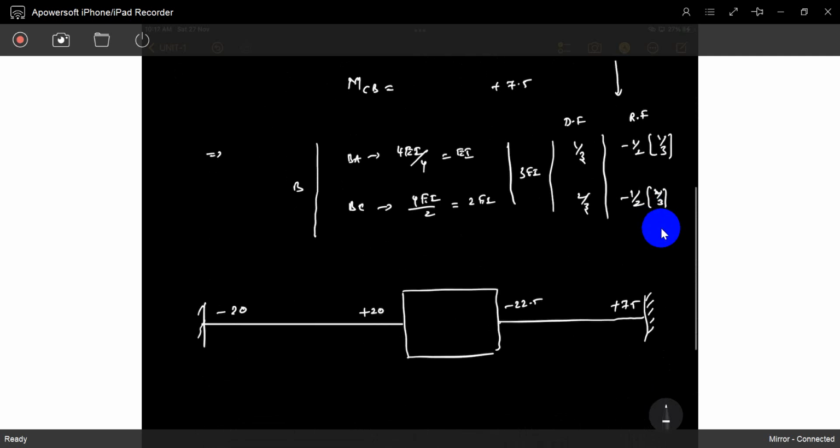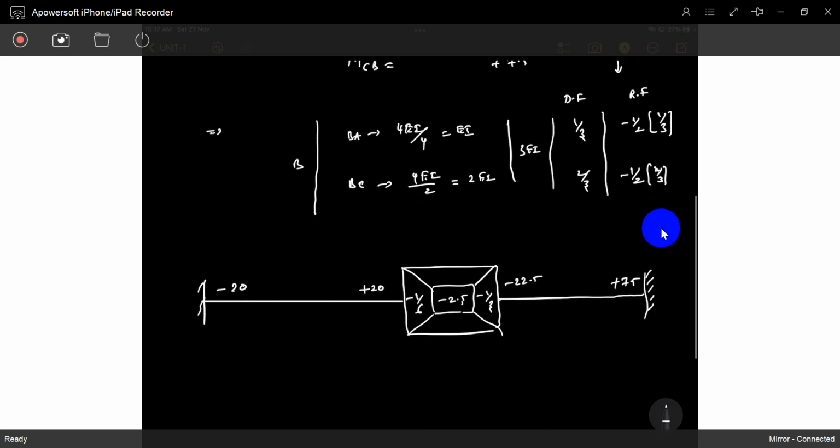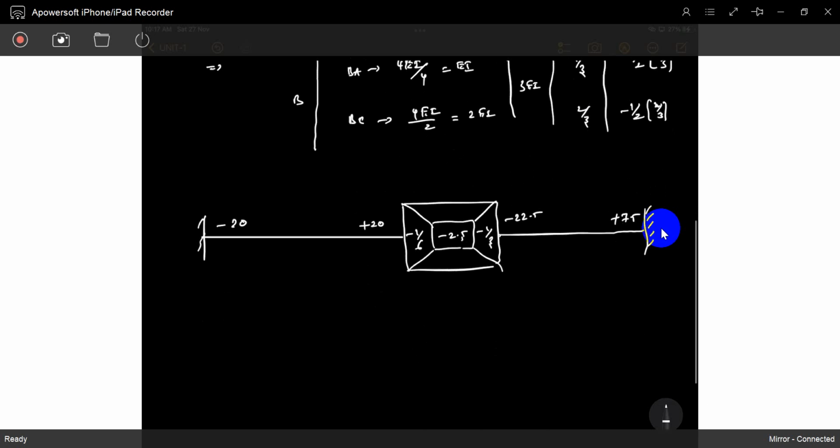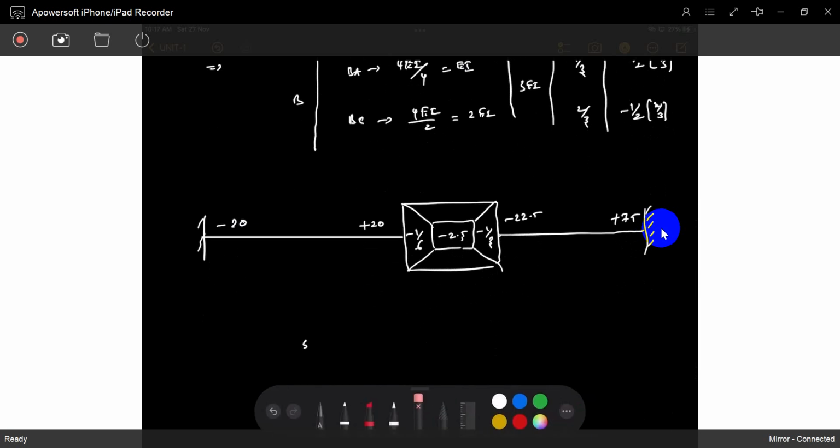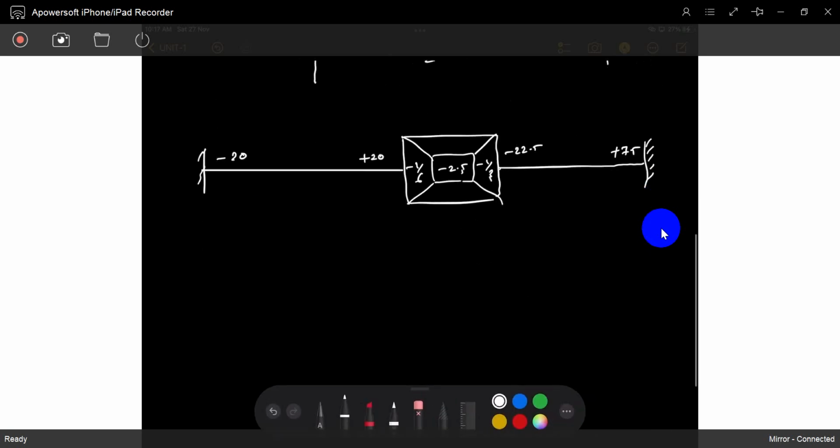Okay, it's minus 1 by 6, minus 1 by 3, minus 2.5. That's it, now the fixed end moments are summed. We already know it. Once again I will write MAB, so don't write here because final calculations will come here.